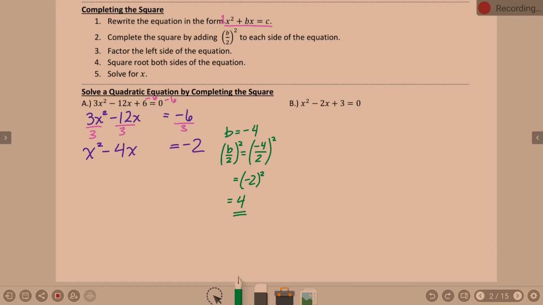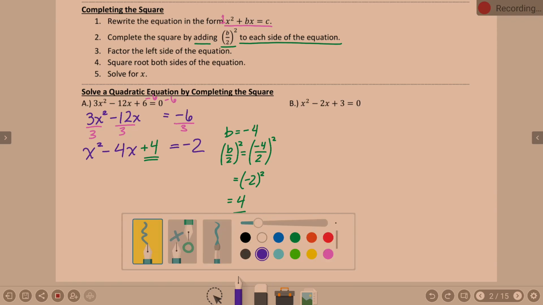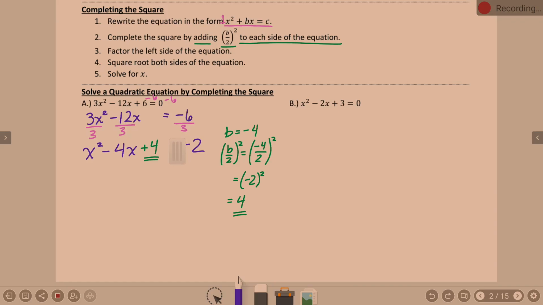Now, what do we do with this? We complete the square by adding b over 2 squared to each side of the equation. I left a gap on purpose. We're going to take this 4, and we're going to add 4 on the left side. We're also going to add 4 on the right side.